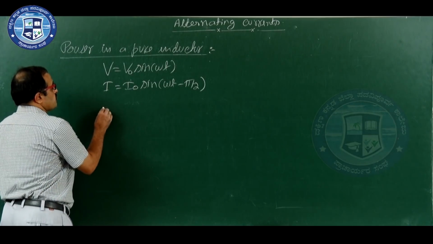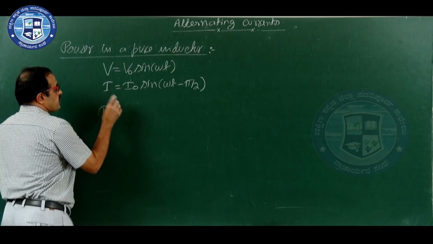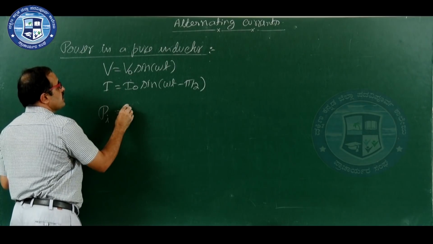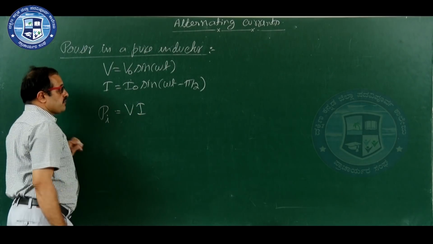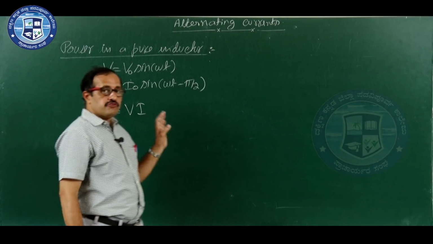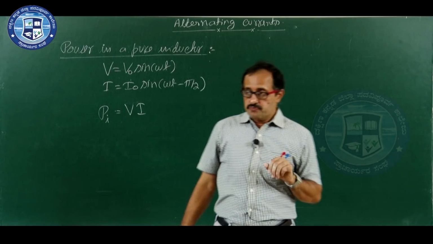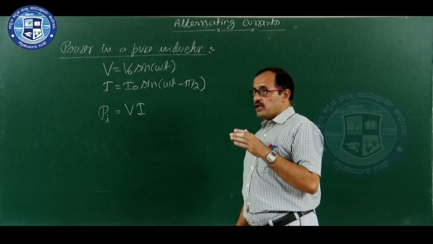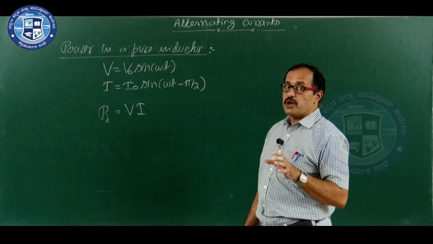Again we calculate the instantaneous power, meaning the power consumption at a given time, which is V into I, instantaneous voltage multiplied by instantaneous current. But it is better to find the average power consumption over the complete cycle.